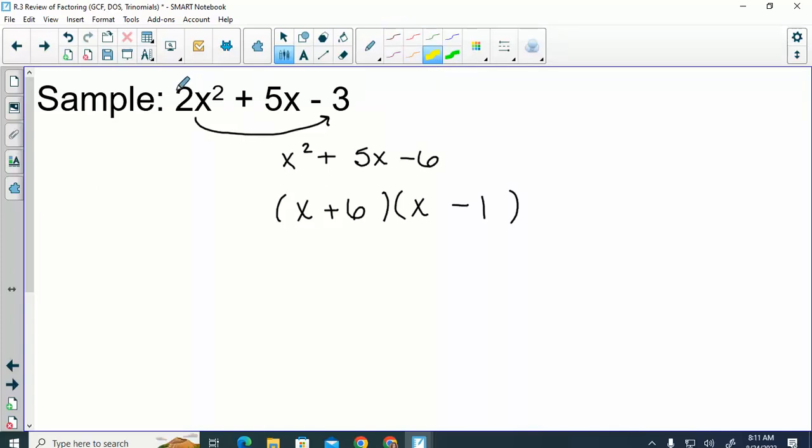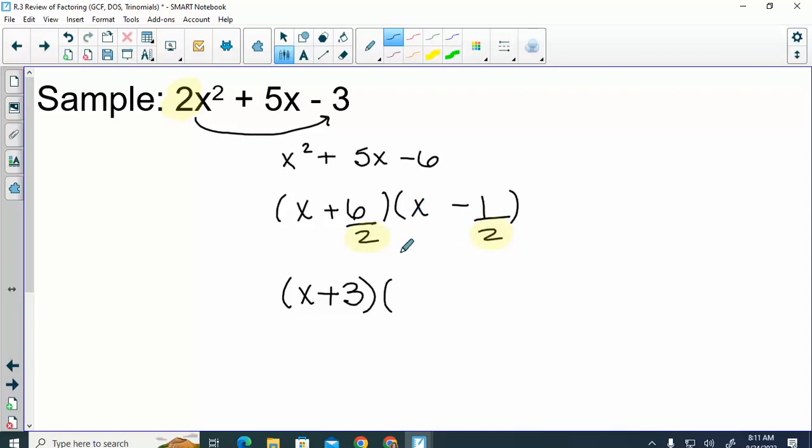But because the first thing we did was multiply by 2, before we finish, we have to divide by 2. 6 divided by 2 is 3, so that's an x plus 3. On this one, 1 over 2 does not reduce, so what do you do with the 2?